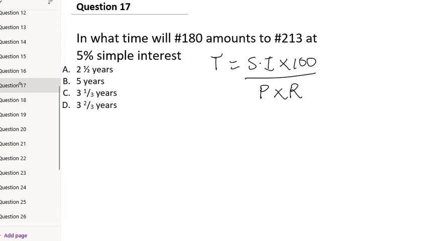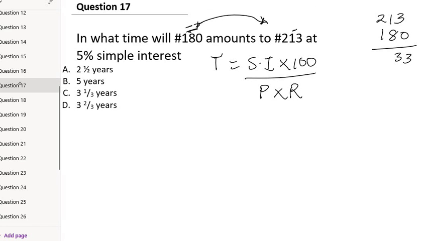In this question, the interest was not given, but it is in the question. In what time will this amount amount to this? So for this amount to get to 213, that means 213 is the principal plus the interest. So to get the simple interest, we'll subtract 180 from 213, and that will give me 33.